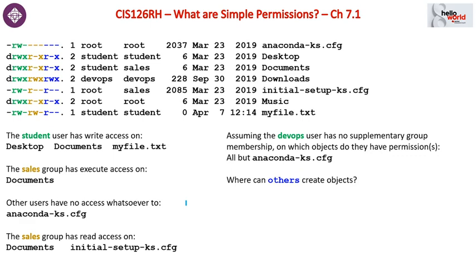And because it says others, I am going to be interested in just the others permissions. And to create something requires me to have a write permission. And so if I look here, RWX on downloads.